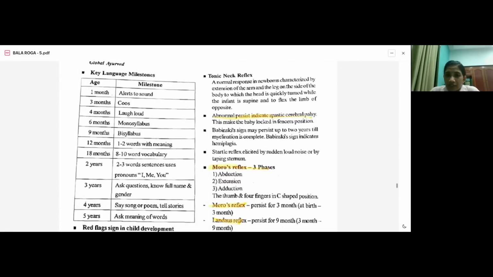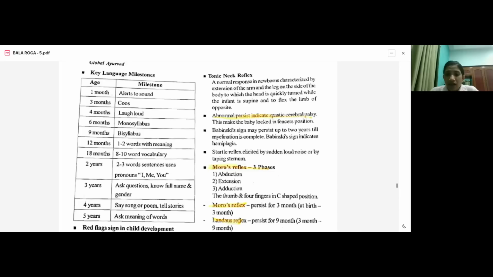A normal response in newborns, which is characterized by extension of the arm and leg on one side of the body, to which the head is quickly turned, while the infant is supine, and flexion of the opposite limb. And abnormal persistence indicates spastic cerebral palsy. This makes the baby locked in fencer's position.